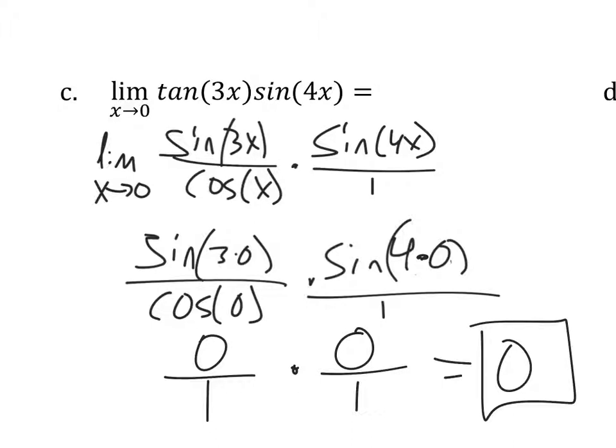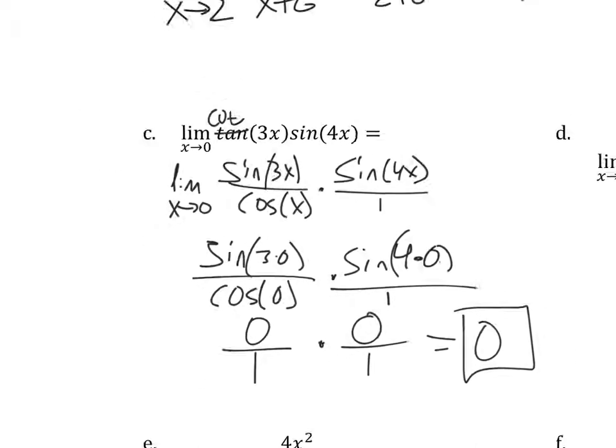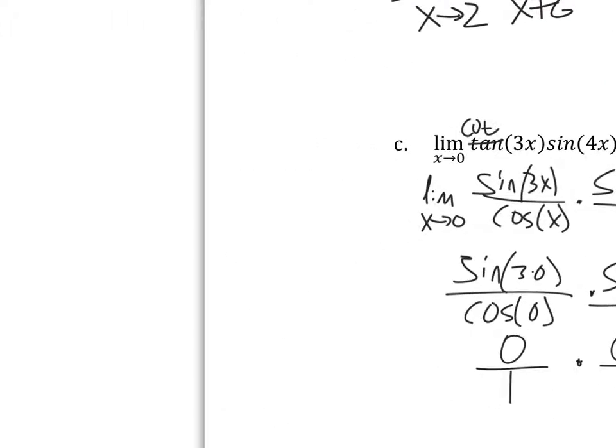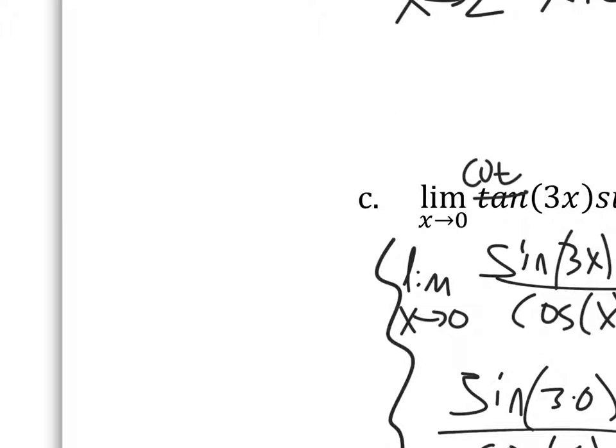Now, what would be a more interesting problem is if this is cotangent, okay? And if that's cotangent, then we have a little different situation here. And so let's do that real quickly.